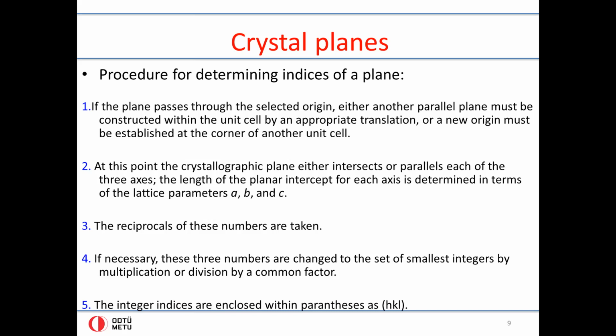Then the reciprocals of the numbers used to determine the length along the axes, these so-called multipliers, are taken. Then, if necessary, there's an adjustment of the numbers so that the smallest set of integers is obtained by dividing or multiplying by a common factor. And then the indices are obtained, and they're represented within soft parentheses for distinguishing between directions and planes.